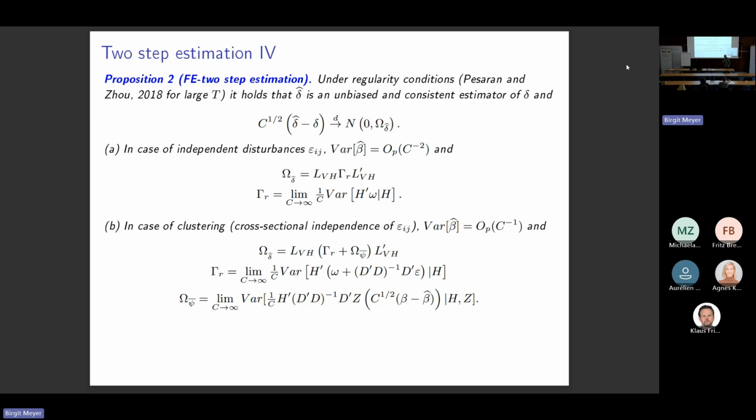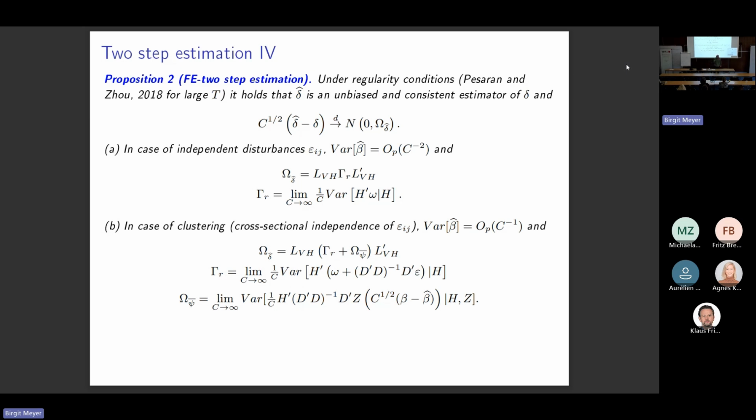I think more is not necessary. The only thing is this omega up here. It is important. And this omega depends on the variance of beta hat. That is written out here.